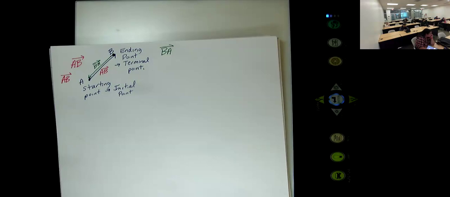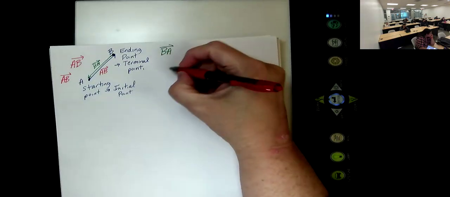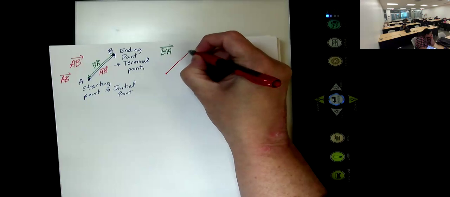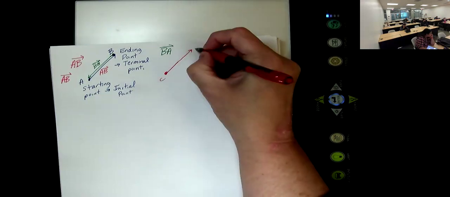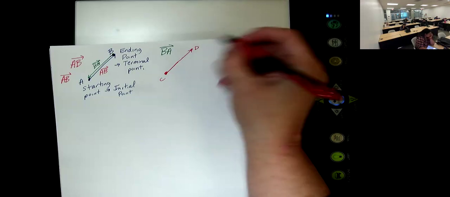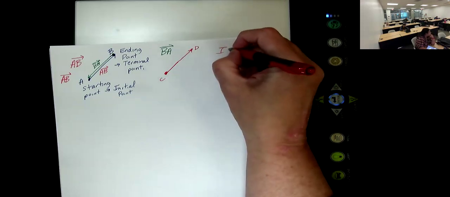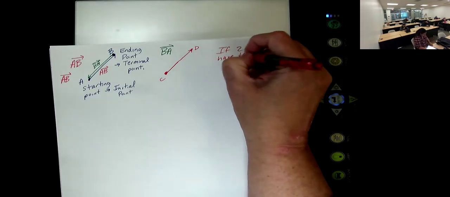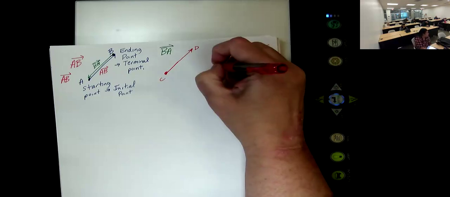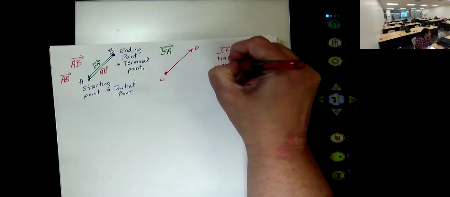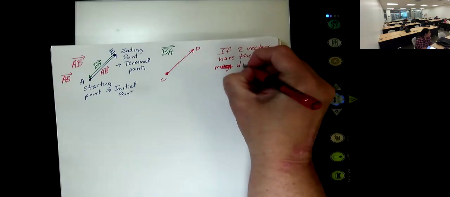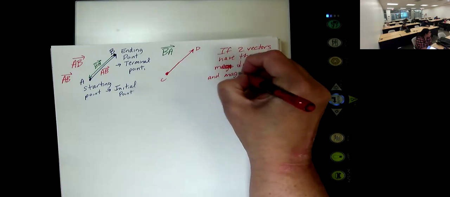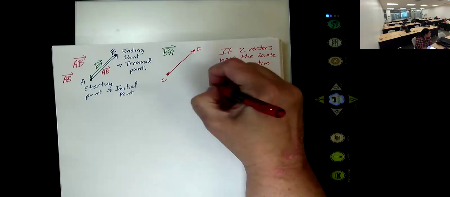I could have another vector. Let's see if I can try to get it the same length and direction. If two vectors have the same magnitude and direction, they are equal.